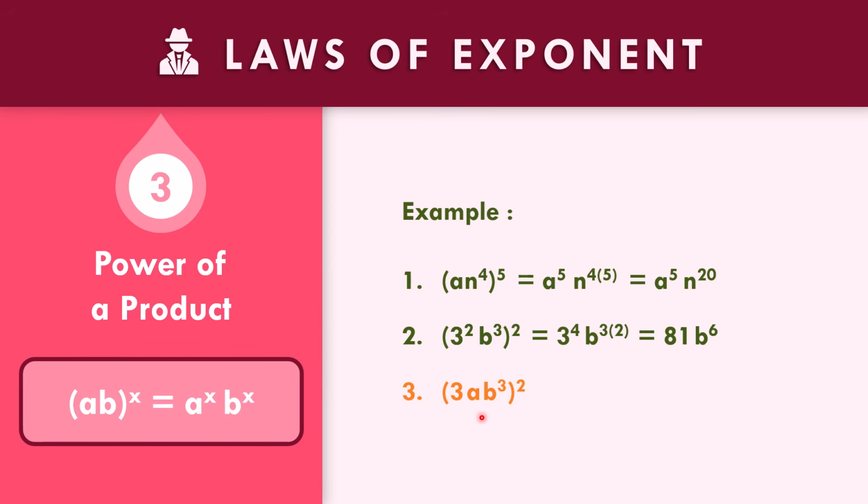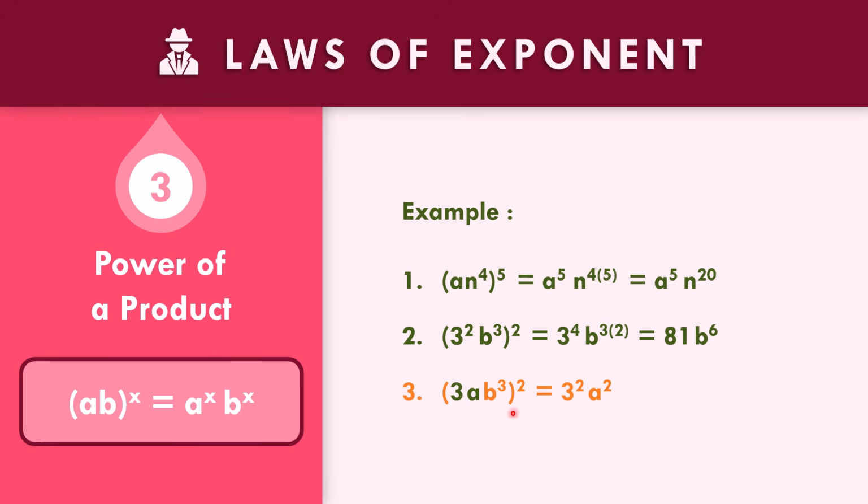Next, how about number 3? The quantity 3ab cubed raised to the second power. So it means we have three different bases. So we need to multiply the exponents. The exponent of 3 is 1. So copy the base 3, and then 1 times 2, that is 2.